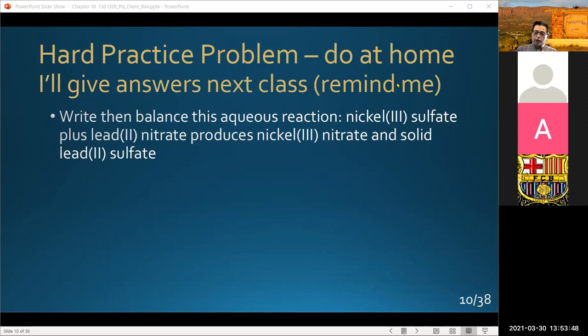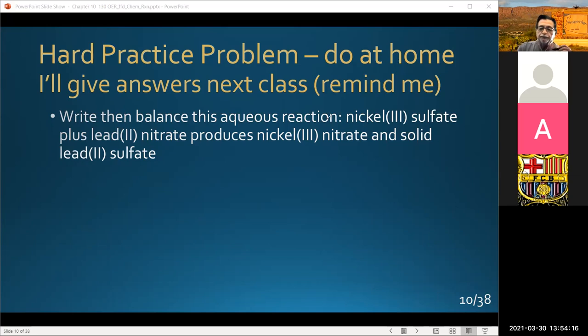What we have up here is nickel(III) sulfate plus lead(II) nitrate produces nickel(III) nitrate and solid lead(II) sulfate. Sounds all confusing, right? No problem. Let's break it down to the ions first.